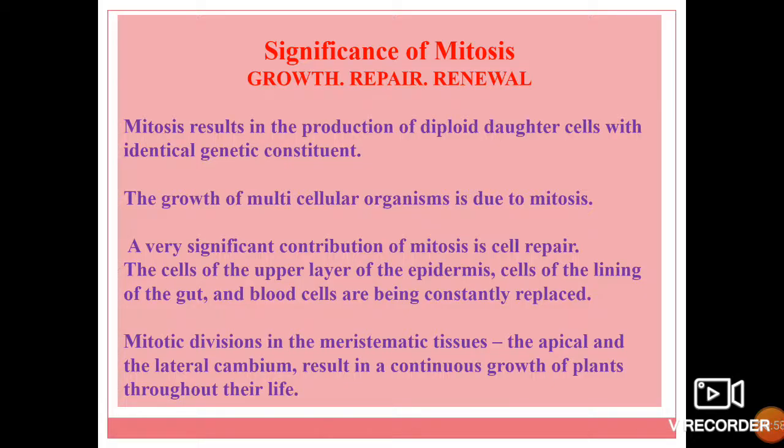I hope you have understood how and why this process occurs, why mitosis is known as an equational division, and what are the stages that we can divide it into for understanding clearly the processes involved in the division of a single somatic cell into two cells, however very much identical in every respect.